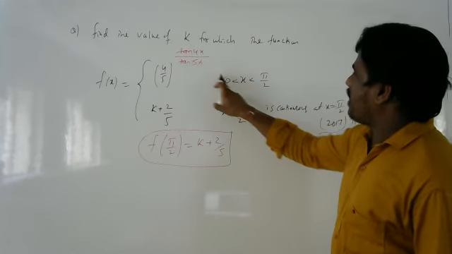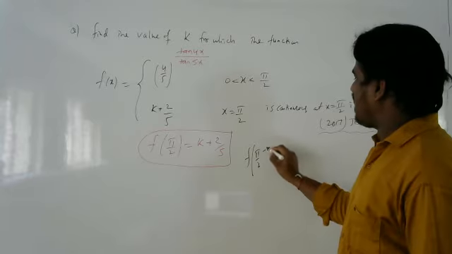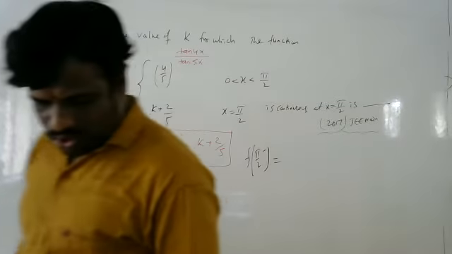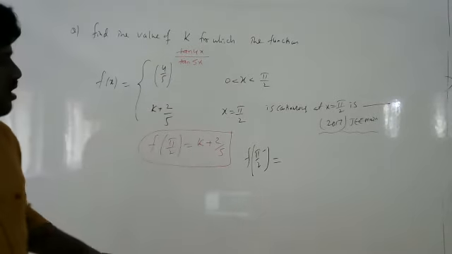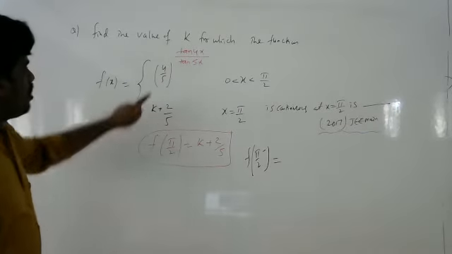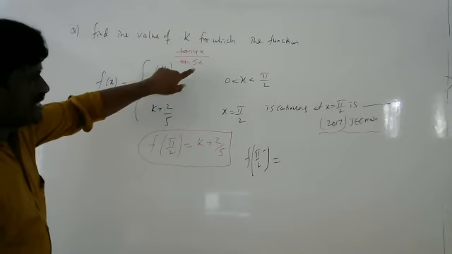I'll check at pi by 2 minus. Limit at pi by 2 minus means the left hand limit. I am checking the left hand limit. The left hand limit is equal to the value of the function because it is a continuous function. So now 4 by 5 whole power tan, this is there.